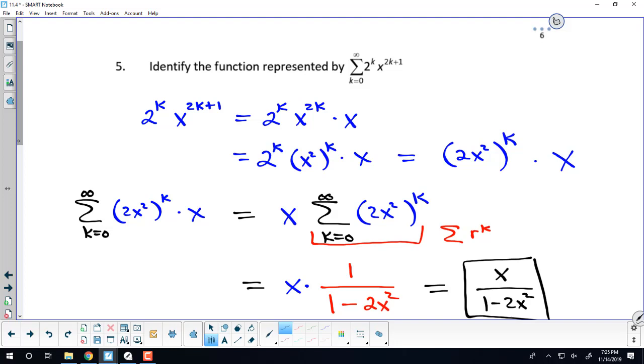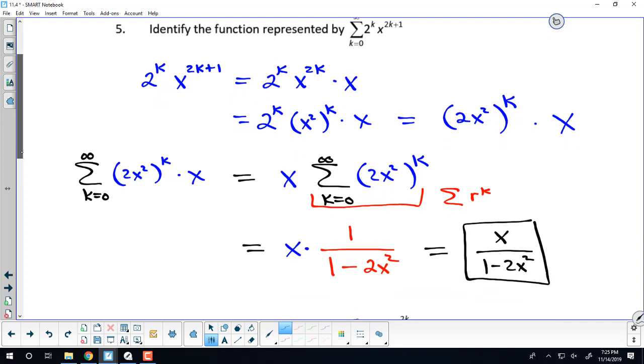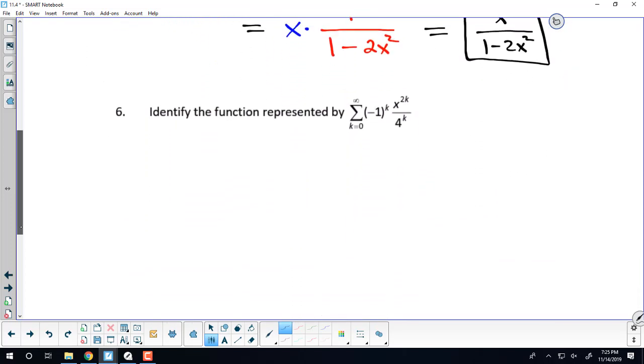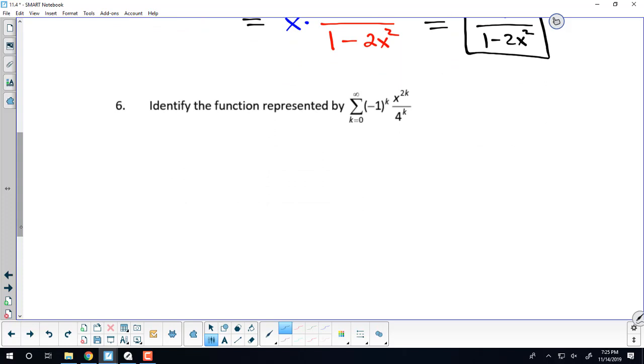Some of these types of problems are super difficult. Are we going to see something like this? Probably not. Nothing super difficult. But that's kind of the idea. Not all of them are geometric, but the idea is to fit them into something you already know.